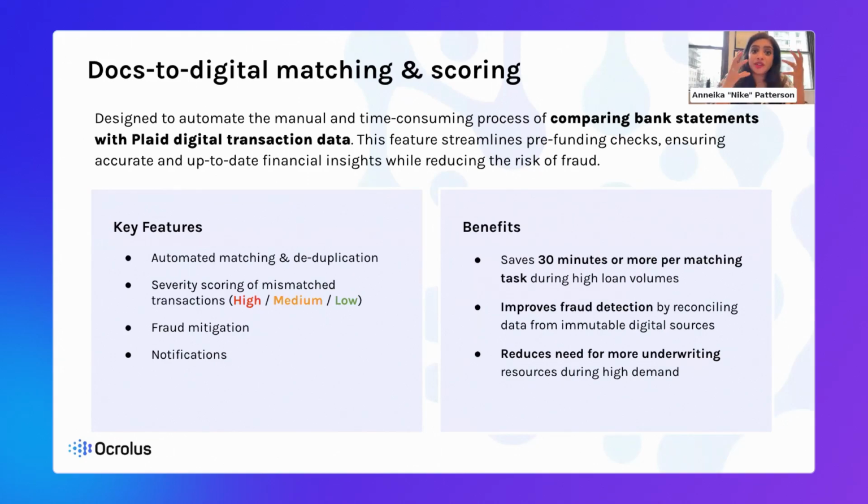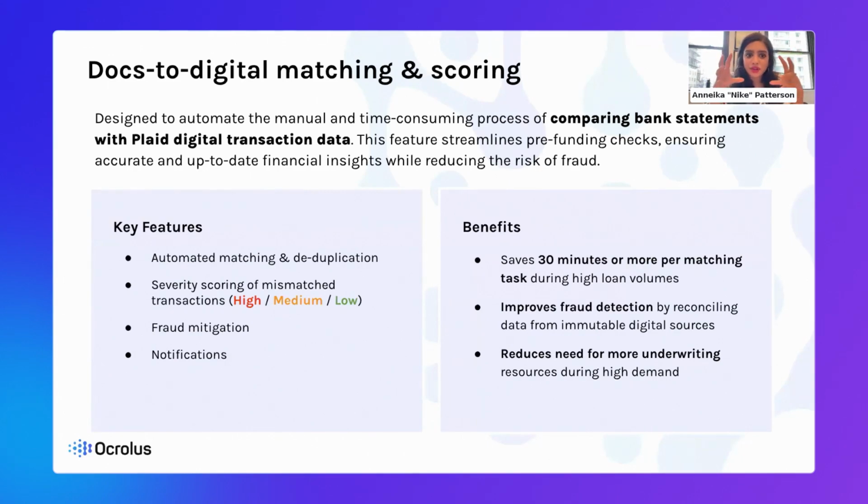If someone inflated their revenue on their bank statement and that wasn't true, it didn't hold up on the Plaid data. If there was crypto or gambling or refunds, things of that nature that show up in the Plaid data that wasn't in the bank statement data, that really critically changes how you would think about funding that merchant or whether you want to fund them at all. So we call that out as high severity mismatch.